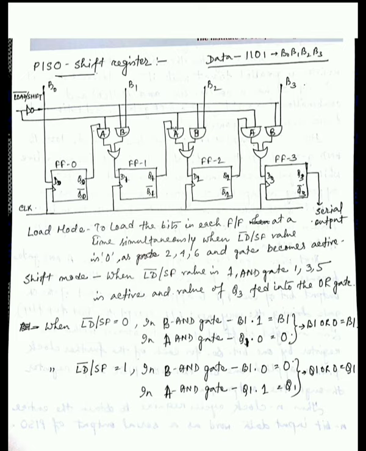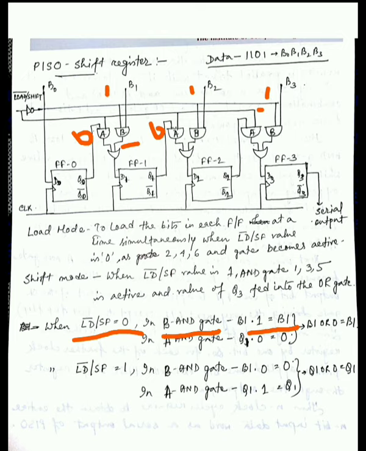You see here, when load/shift is 0, the B AND gates, this means load/shift 0 gives 1 here, here it's also 1, and here it's also 1. So 1 and B1 goes to B1. And this is 0, this is also 0, this is also 0.